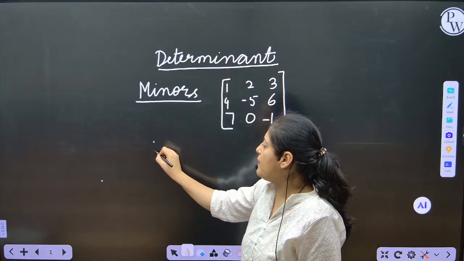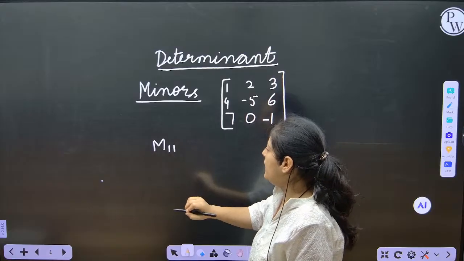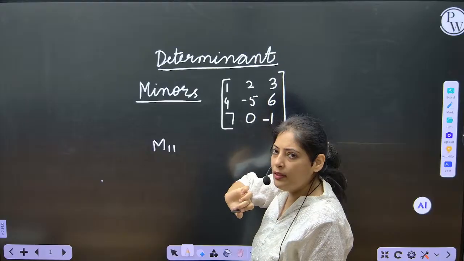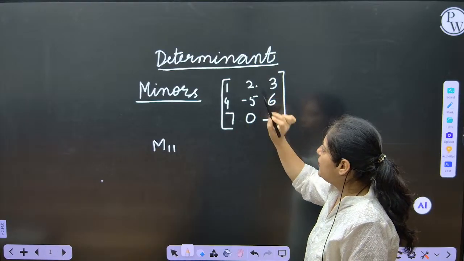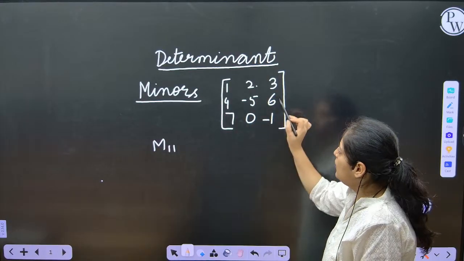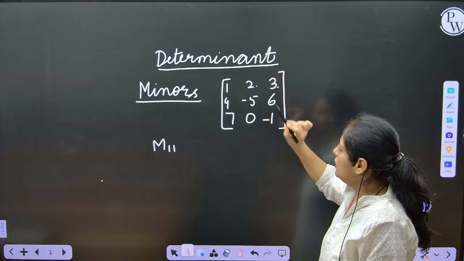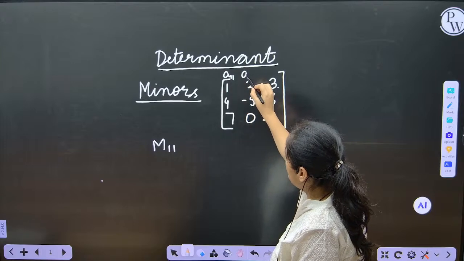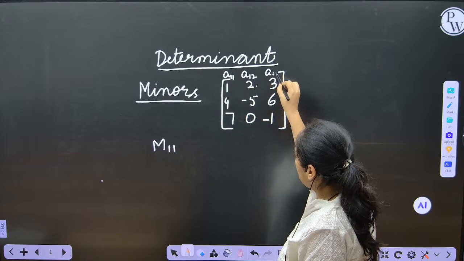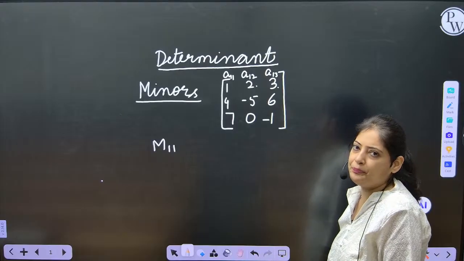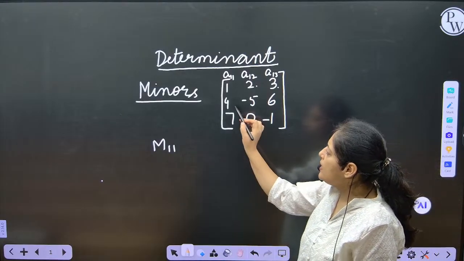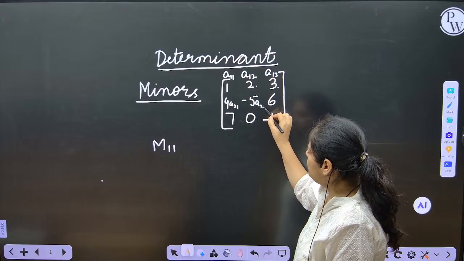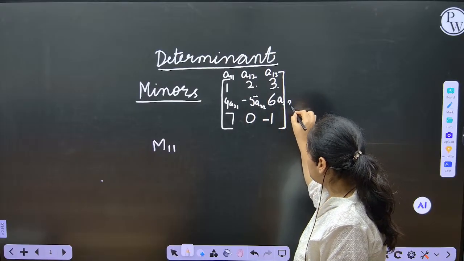Now what we have to find, see how many elements are there first. A11, first row second column, first row third column. That means A11 is there, A12 is there, A13 is there. Similarly A21, A22, A23 is also there.